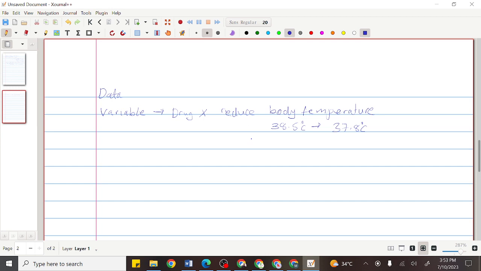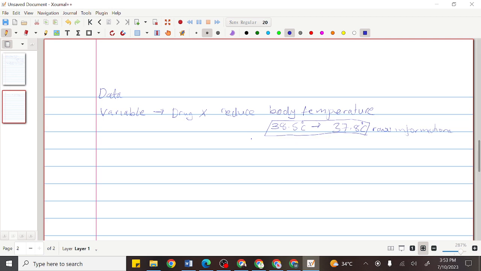Okay, so with this, we are having information which is raw about your body temperature. So this is an example of what we call raw information. Okay, this is raw information.